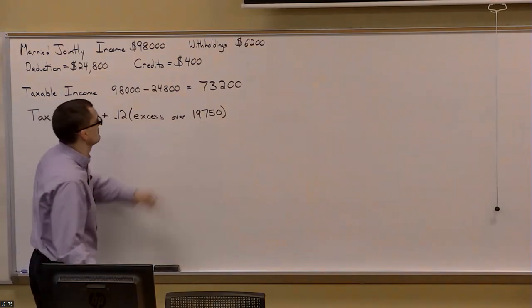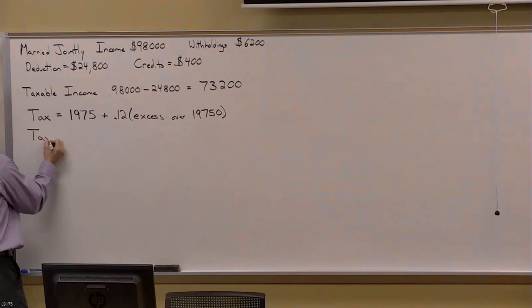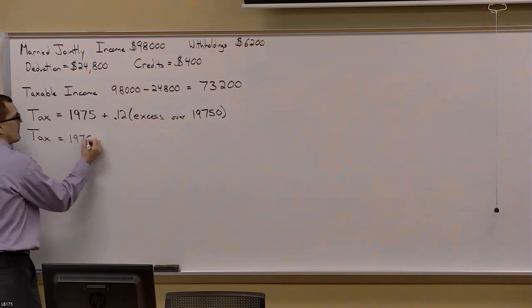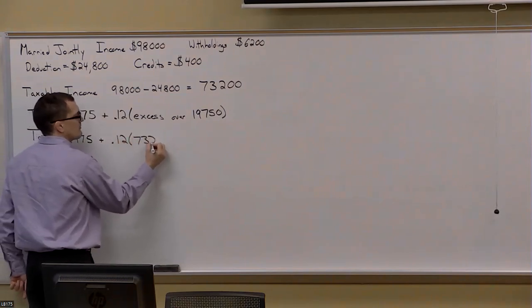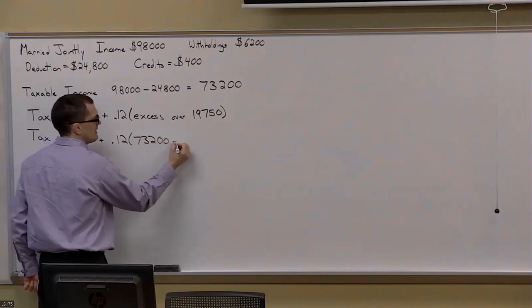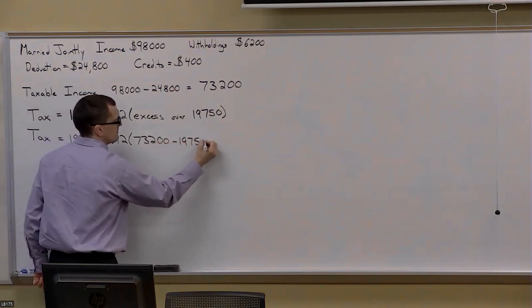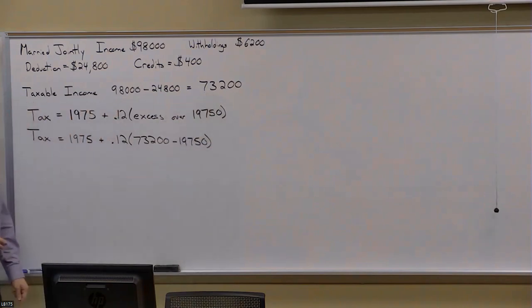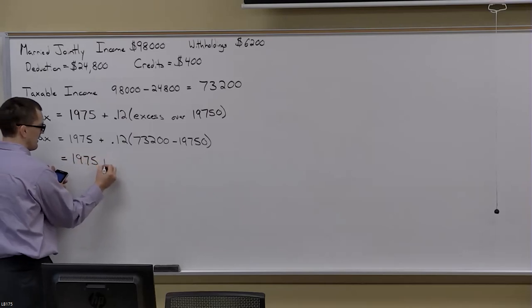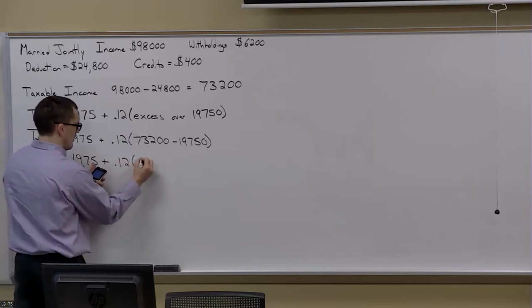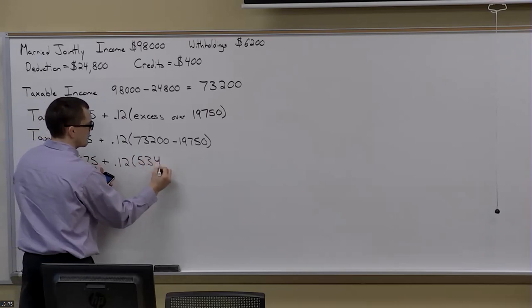Excess over 19,750. The difference between 73,200 and 19,750. Remember, the difference between our taxable income and that 19,750 is how that works. So I get that 12% applied on $53,450.